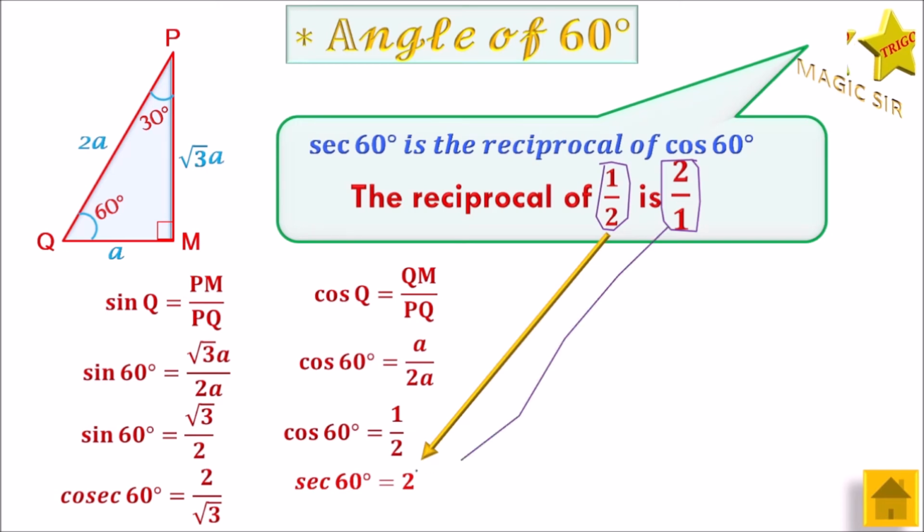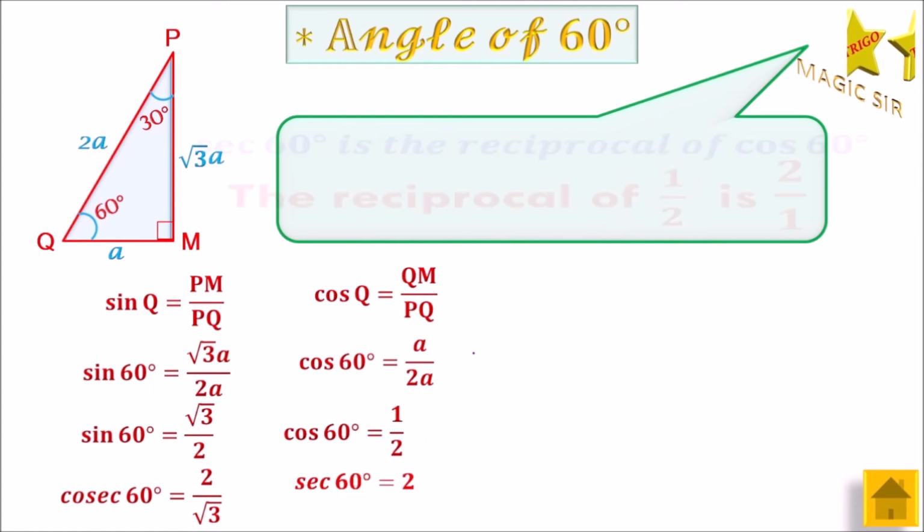So cos 60 is equal to 1 upon 2, then sec 60 is equal to 2.